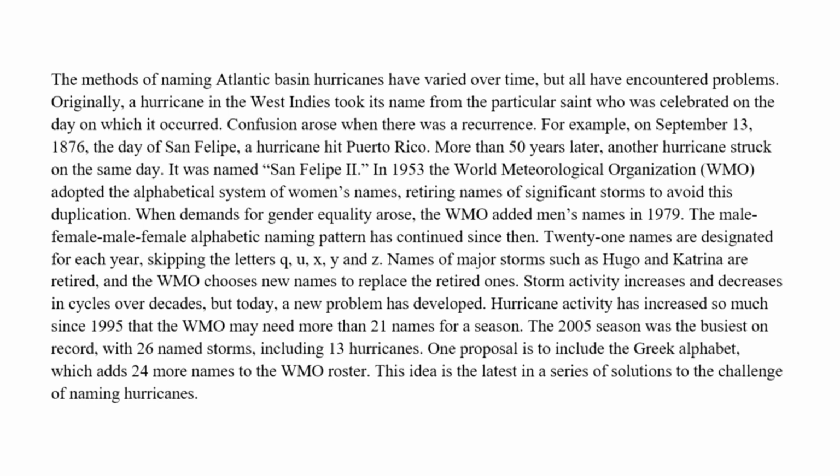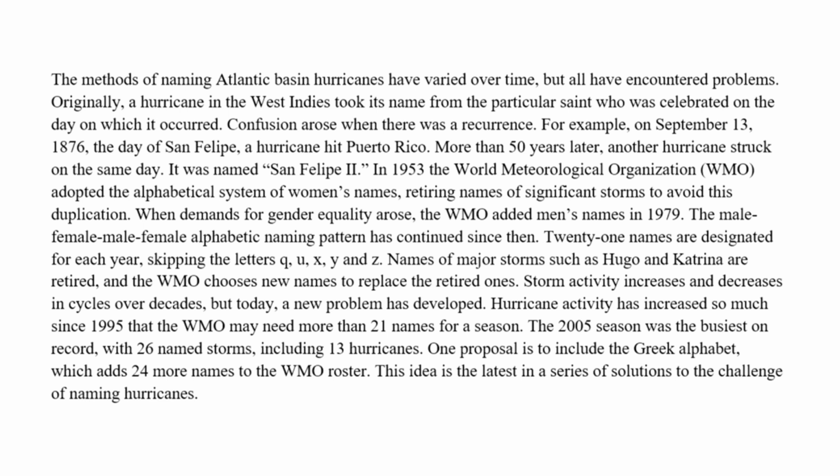In 1953, the World Meteorological Organization adopted the alphabetical system of women's names, retiring names of significant storms to avoid this duplication. When demands for gender equality arose, the WMO added men's names in 1979.